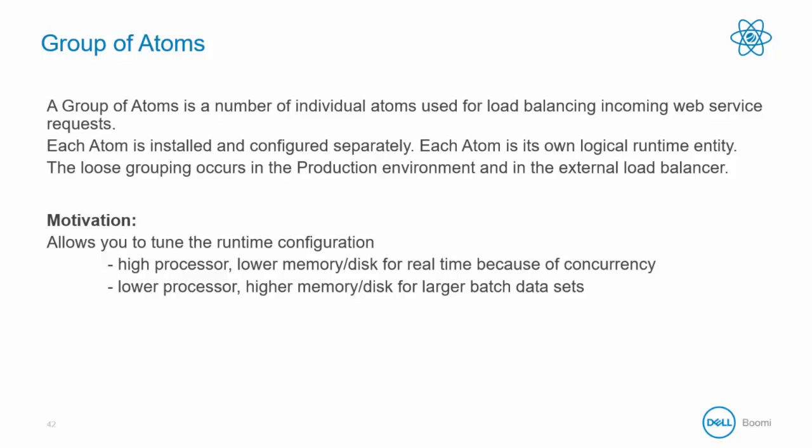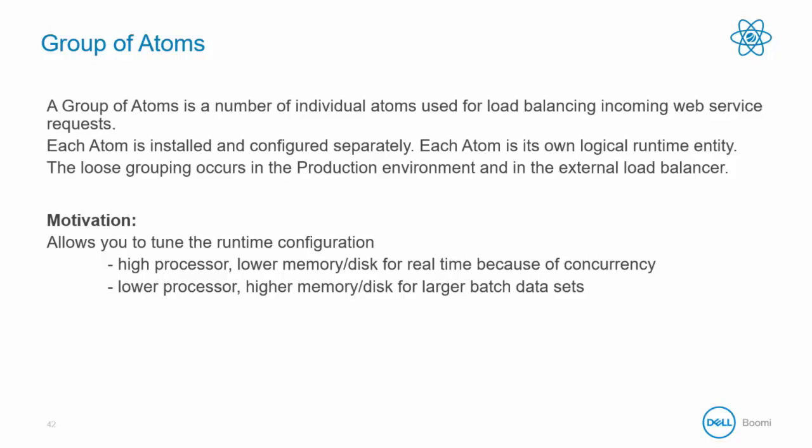So why would anyone want to use this setup? Well, perhaps you have a group of atoms that allow you to fine-tune the runtime configuration and server specs according to your specific use case. So for example, you can configure in your external load balancer some executions to go to an atom with high processor and low memory and disk for real time because of concurrency, while some other web service requests may need lower processor but higher memory and disk allowances for larger batch datasets.